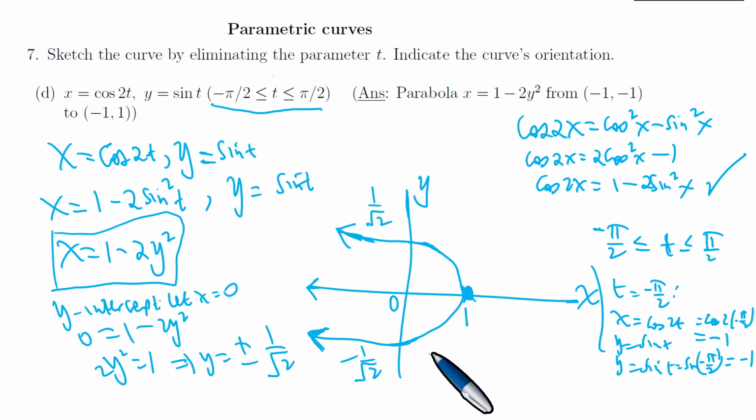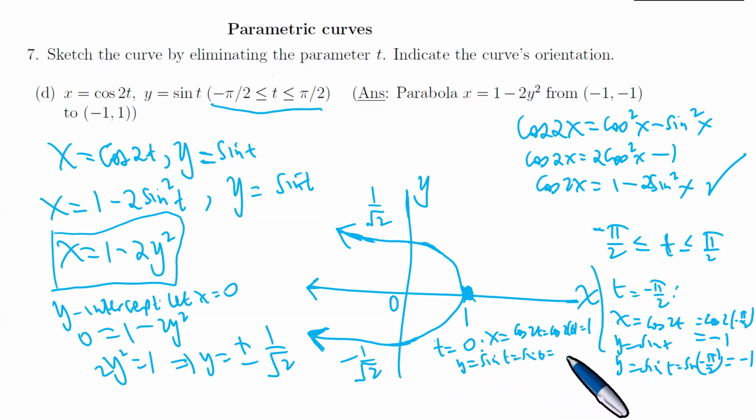And then whenever t is 0, which is midway between the negative and the positive angle, x equals the cosine of 2 times 0, which is 1. Y equals the sine of 0, which is 0.